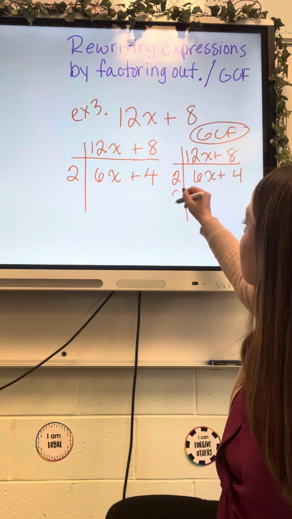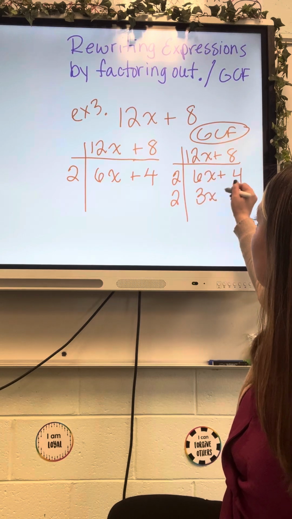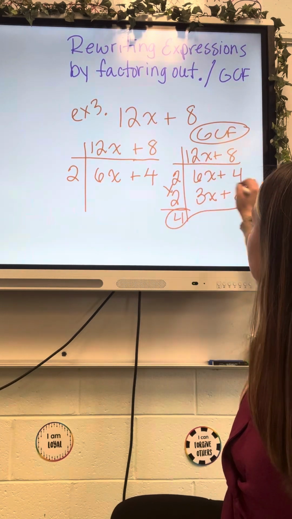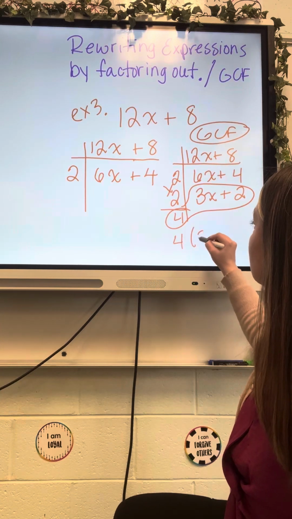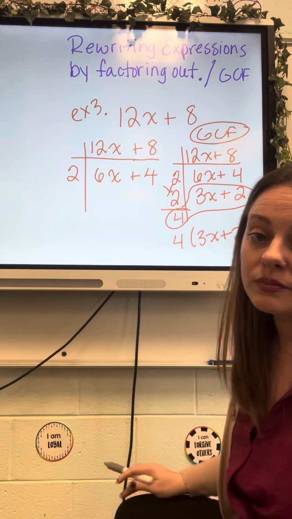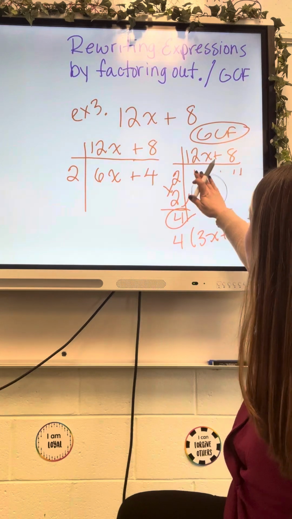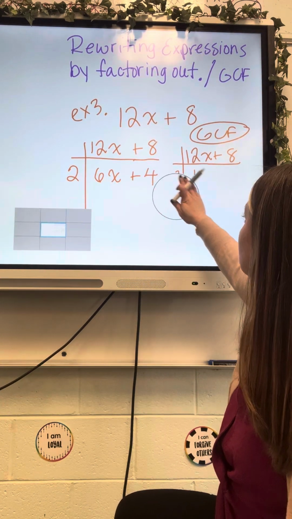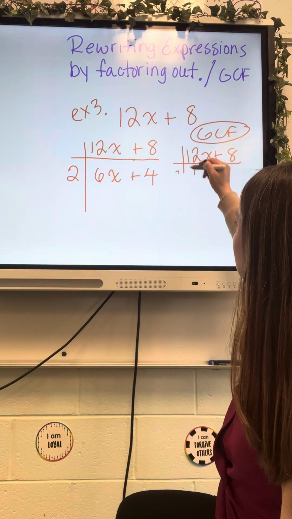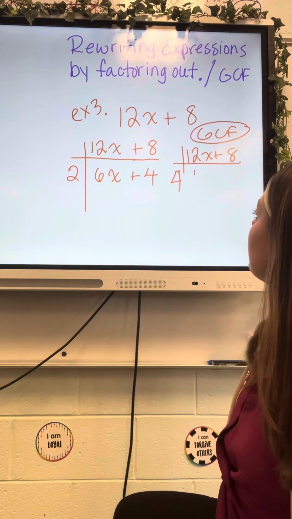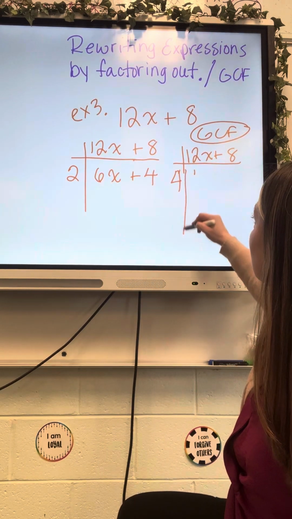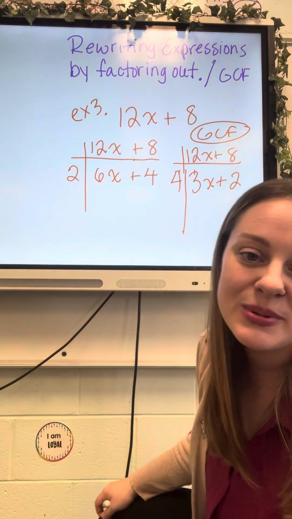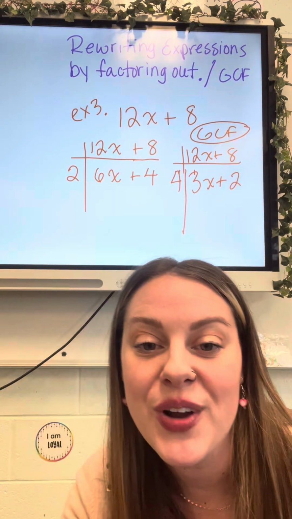I would take out another 2, and I would get 3x plus 2. 2 times 2 is 4. So 4 times 3x plus 2. Or you could have just taken out a 4. It doesn't matter. If you took out a 4, it would be 4 times 3x and 4 times 2. So you would still get the same answer. I hope this is helpful for you guys. Bye.